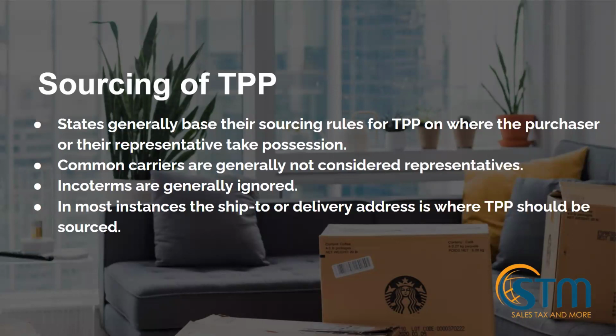Common carriers are generally not considered representatives. So it doesn't matter who's paying for the common carrier. If it's going by common carrier, you're still looking at where the purchaser or their representative takes possession. In most instances, that's going to be the ship-to or delivery address where the tangible personal property should be sourced. There may be deviations from that, but in general, that's where it's going to be.